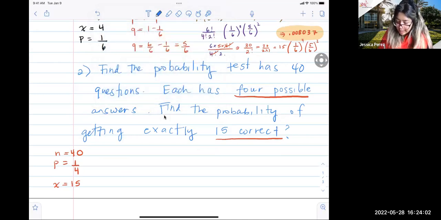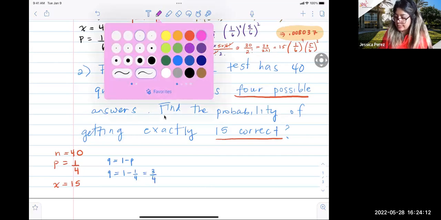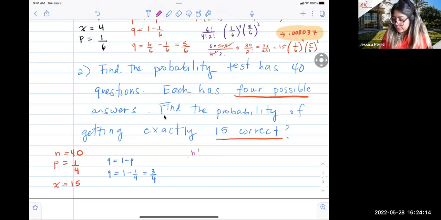Of course q is 1 minus p, so q is 1 minus 1/4, which is 3/4. So you're going to, again, use your formula, n factorial over x factorial, n minus x factorial, p to the x, times q to the n minus x.